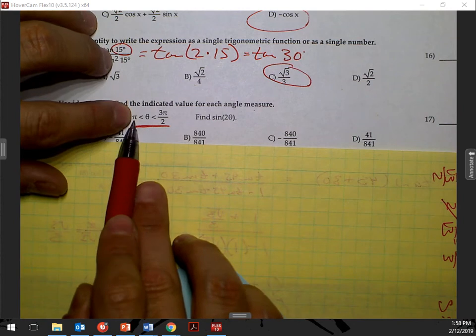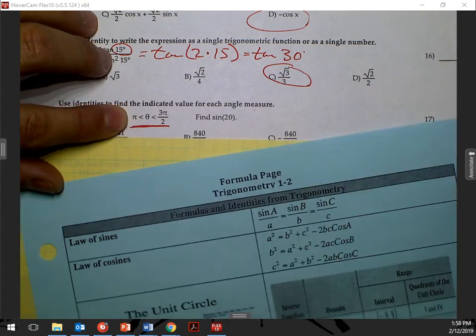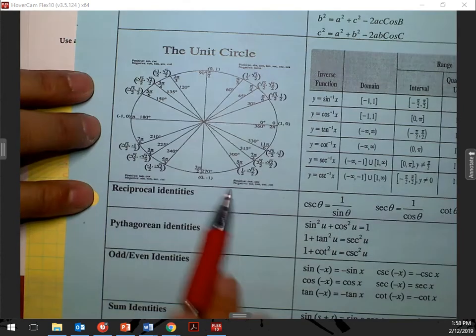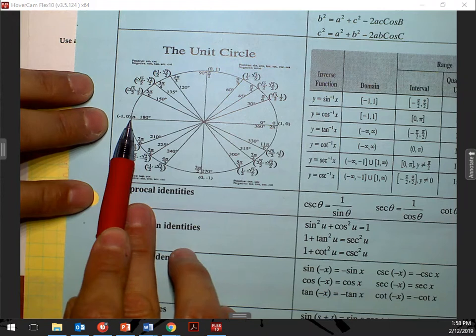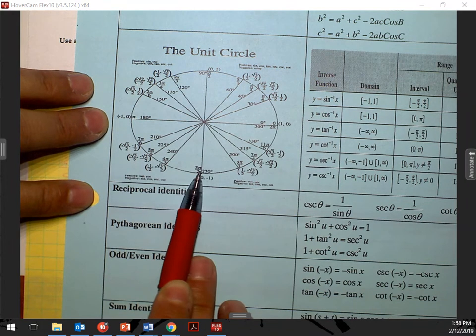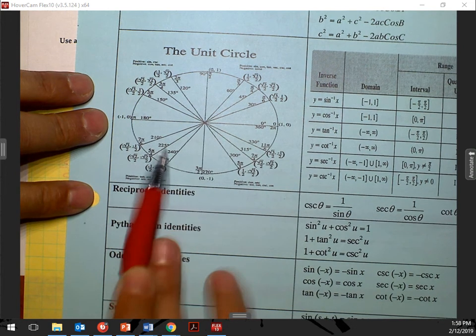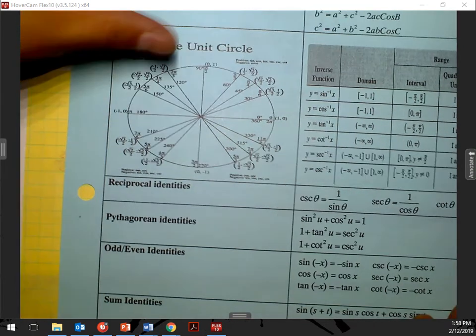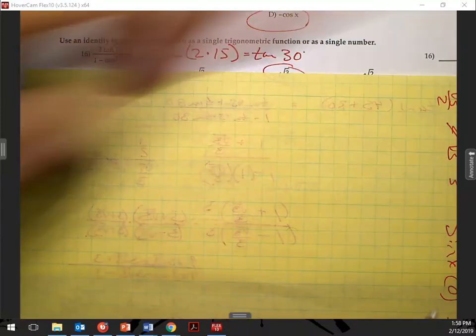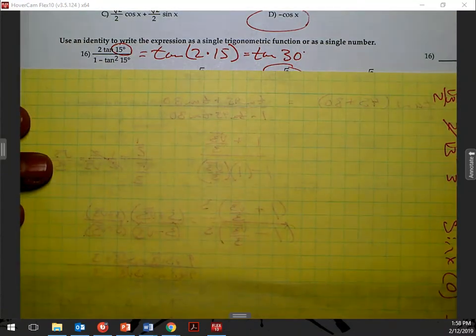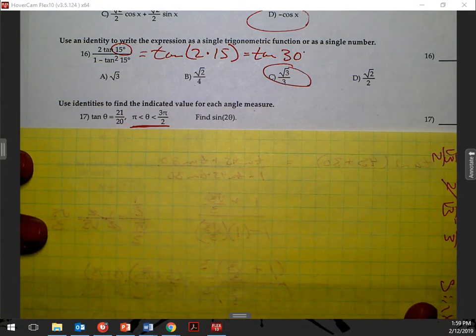And it says between pi and 3 pi over 2. Now trace your finger over to 3 pi over 2. Here's pi. So that's quadrant 3, right? What do we know about quadrant 3? Both negative, right? But tangent's going to be positive there, though.